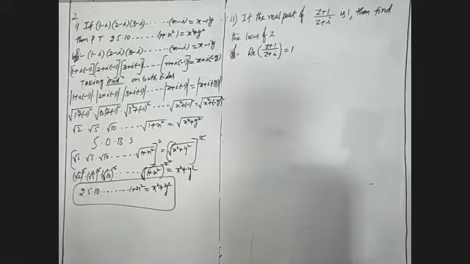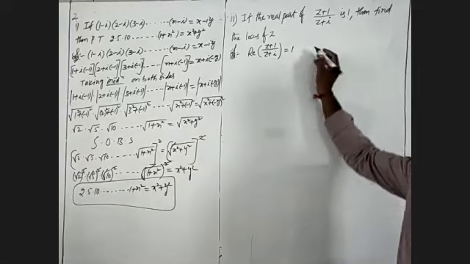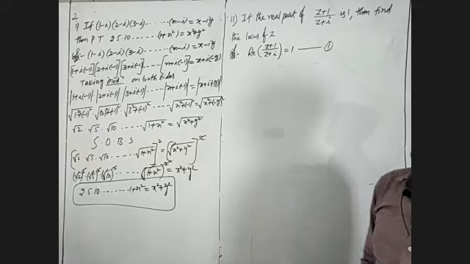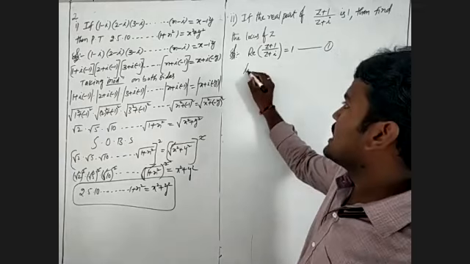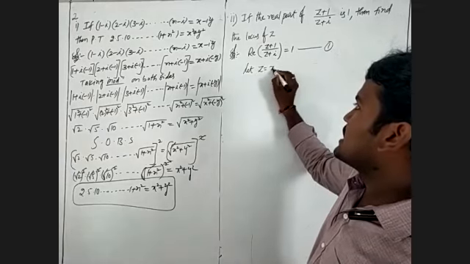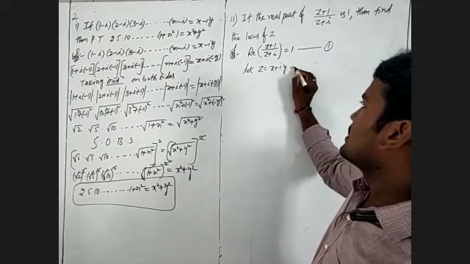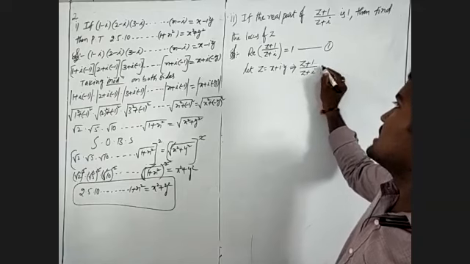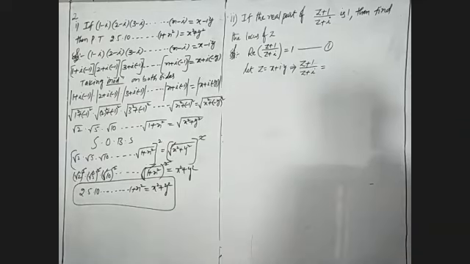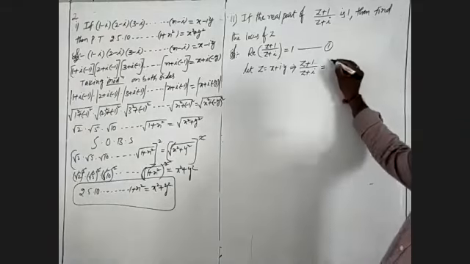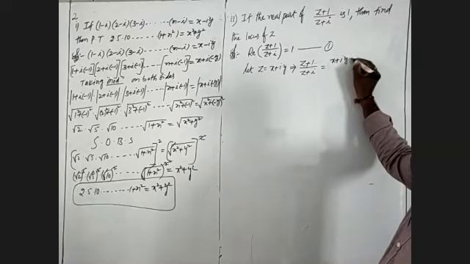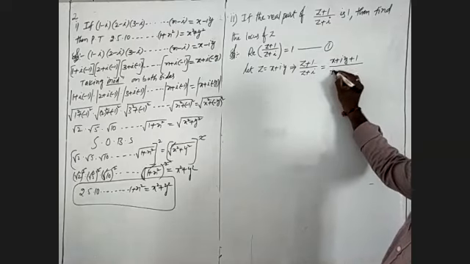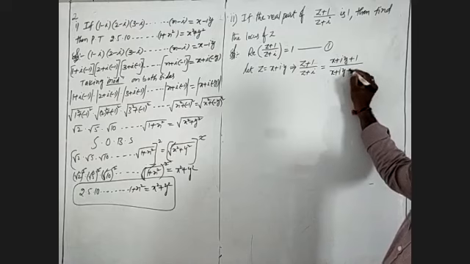First we have to find out the value of (z plus 1) by (z plus i). That means let us take z as nothing but x plus iy. Then (z plus 1) by (z plus i) is nothing but x plus iy plus 1 by the denominator x plus iy plus i.